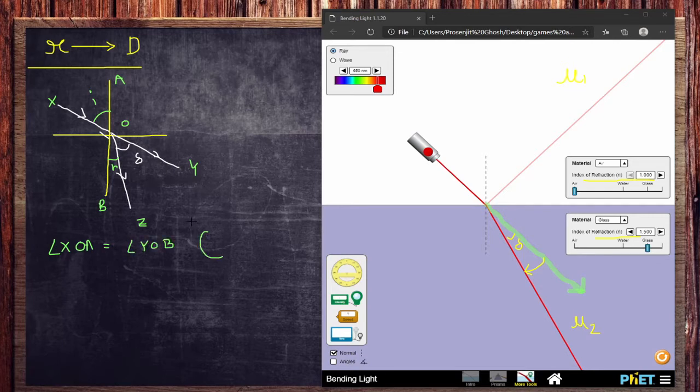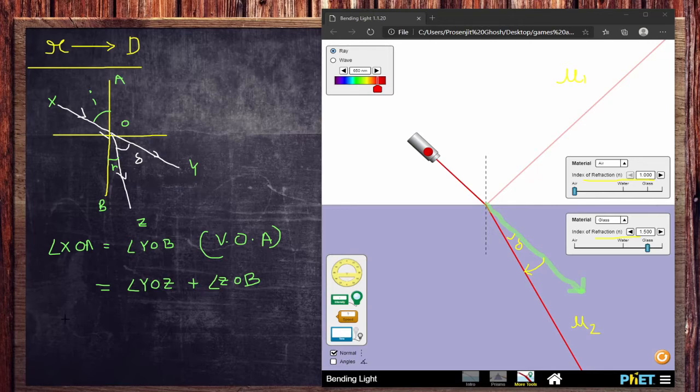Yes, it is, because both are vertically opposite angles, so we can say both are equal. Now angle YOB can be broken up into two parts, that is angle YOZ plus angle ZOB.